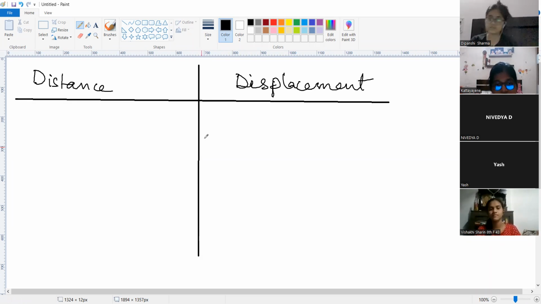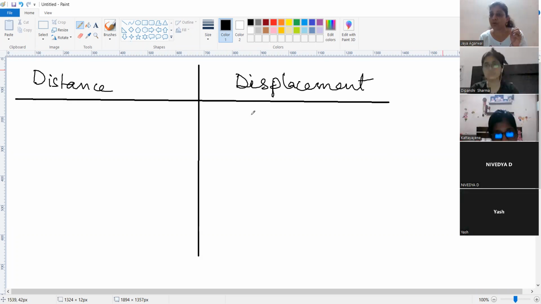Just listen carefully. Now, distance is a term we've been learning since you were in 7th standard, where you had the chapter of motion and measurement, no? We also did it in maths, where speed is equal to distance upon time. So what is distance equal to? Speed into time.